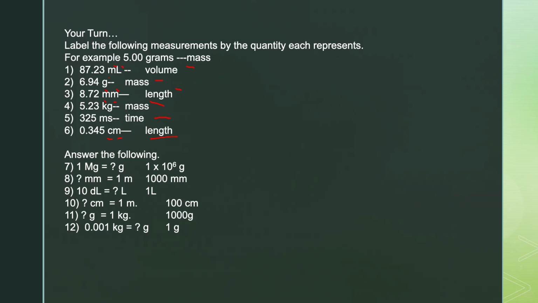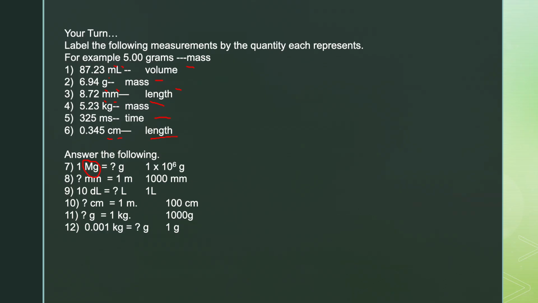And then at the bottom, when you had to come up with the values, we have 1 megagram on number 7. And mega, remember, mega's big. So I need a lot of my base unit to equal that megagram. How much of my base unit? The value of a mega: 1 million, or 1 times 10 to the 6 grams to equal 1 megagram.